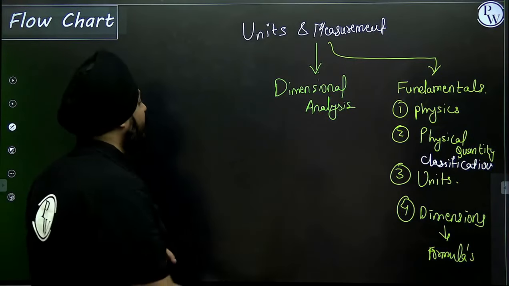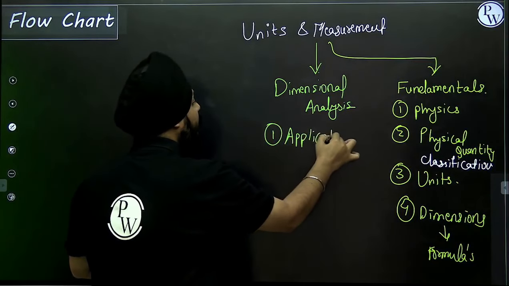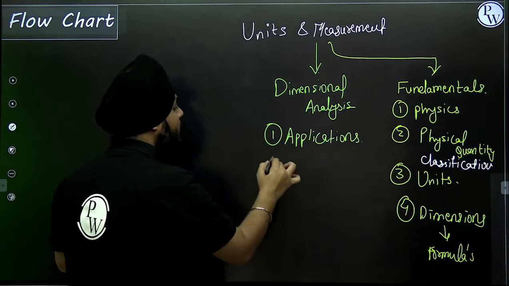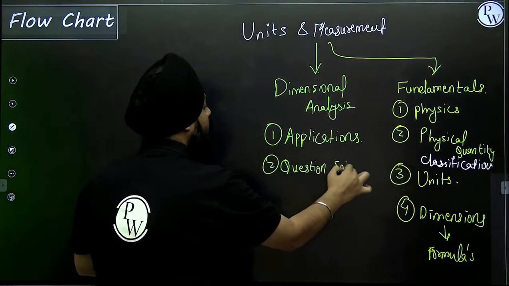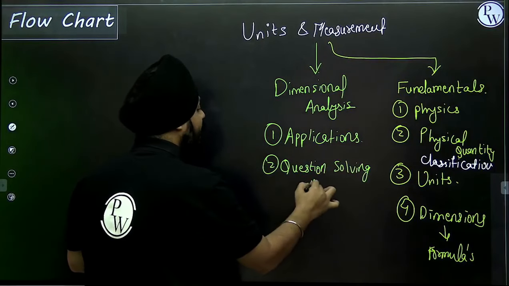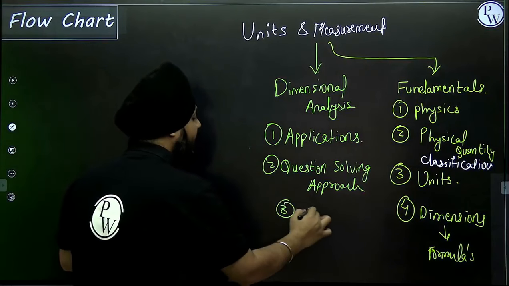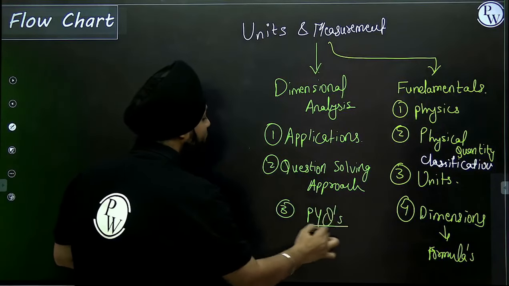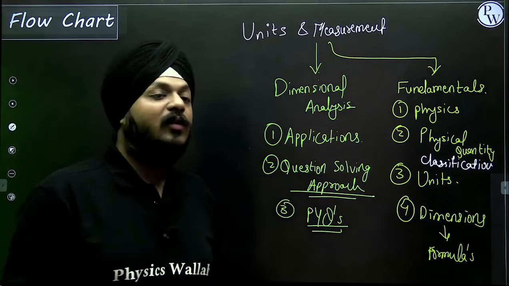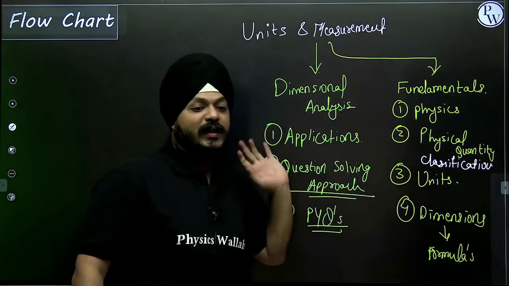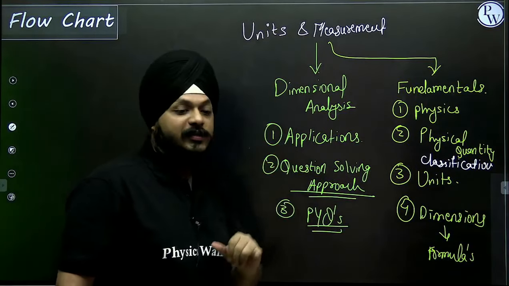In this dimensional analysis, we are going to discuss some of the important applications, the question solving approach for these applications, and the relevant PYQs, and how these PYQs can easily be solved using this question solving approach. So this is the second part of the flowchart for units and measurement.